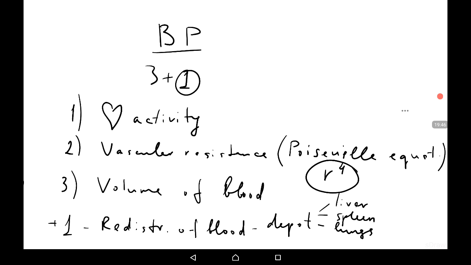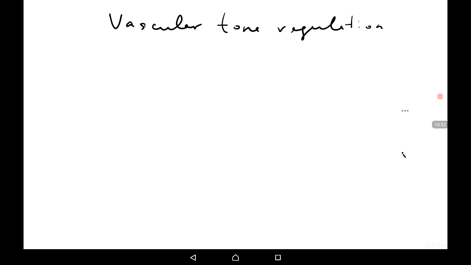So now we will discuss the regulation of the vascular tone. As usually, when we speak about the regulation of functions in the body, we should mention the nervous and the humoral regulation. We will start discussion with nervous regulation.